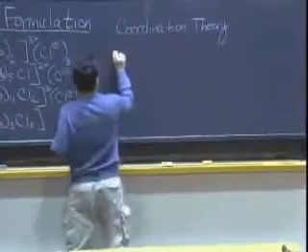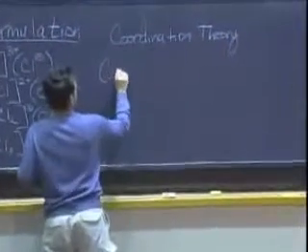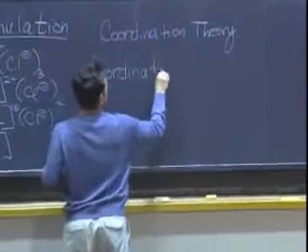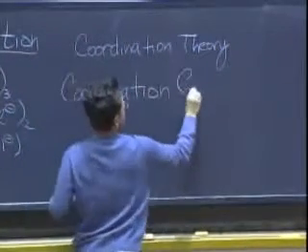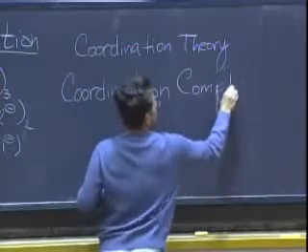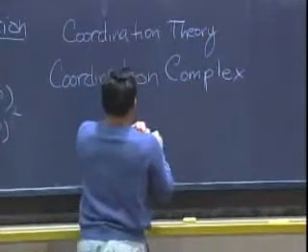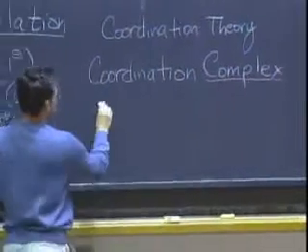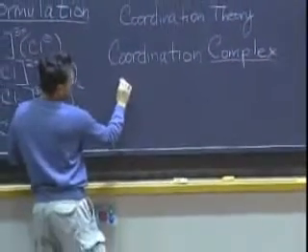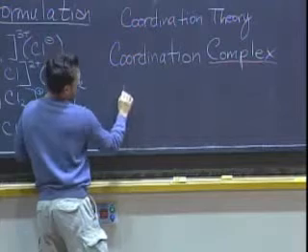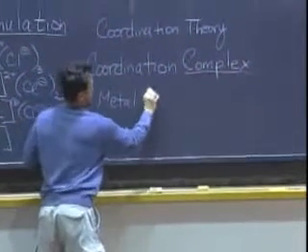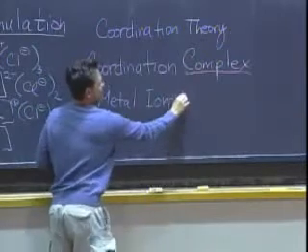And let me define coordination complex. The coordination complex is a metal ion plus its ligands.